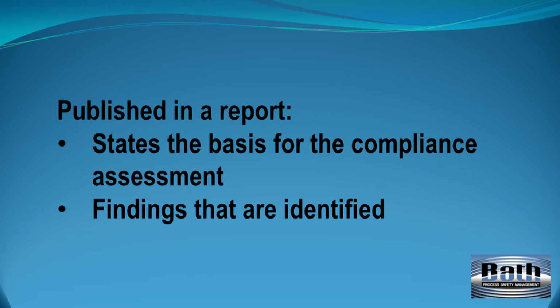This adds a level of confidence the findings are based on an independent review and not tied to an employer-to-employee relationship. The results of the hazardous classified location compliance assessments are typically published in a report which states the basis for the compliance assessment itself and the findings that are identified.